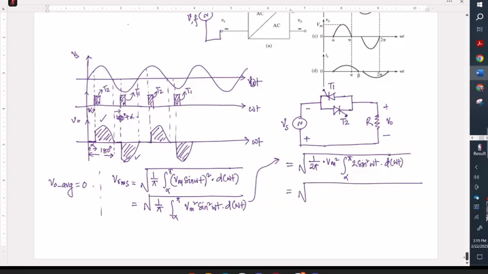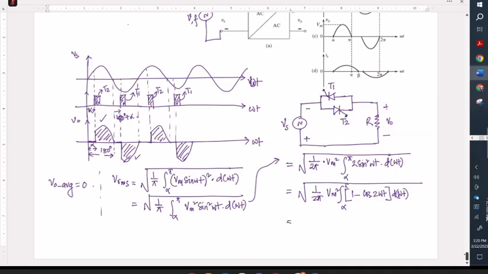So then 1 over 2 pi Vm square, 2 sine square theta is what? Sir, 1 minus cos 2 theta. Right. So it should be 1 minus cos 2 omega t multiplied by d of omega t, and the limit should be from alpha to pi.